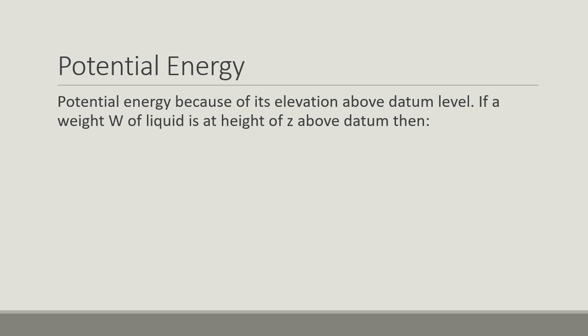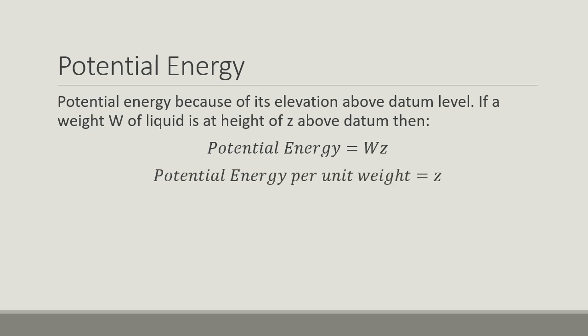If the weight of a fluid is W and the height of the fluid above datum is Z, then the potential energy is given by Wz, and the potential energy per unit weight, basically you divide this by W, is Z. This is also known as the potential head. It is the potential energy per unit weight.